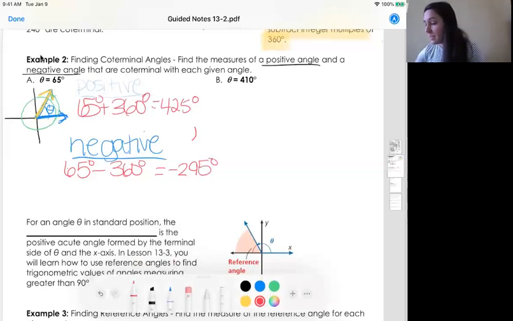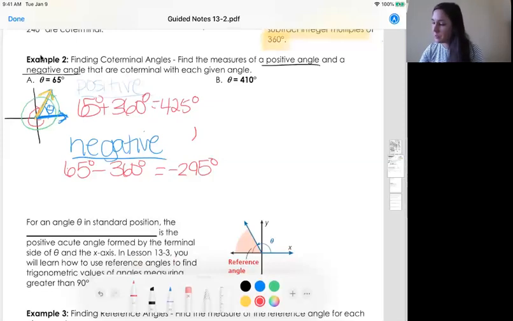But let's look at that on our sketch. I'll use red for this one. So starting here at our initial side, I'm going to rotate in a negative direction. Negative 90, negative 180, negative 270, boom, negative 295 is going to bring me right back up to where we were, same terminal side, that yellow side.